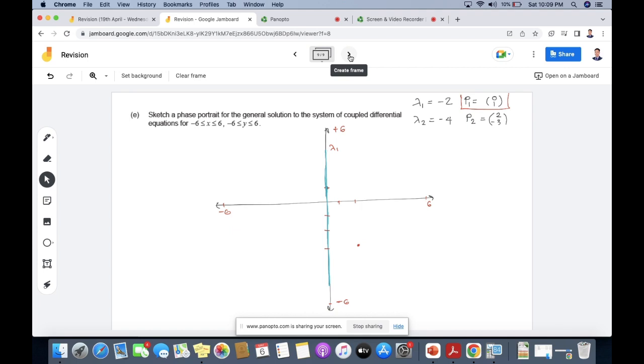So it's this one. We can extend this here also. This is now your second eigenvalue.